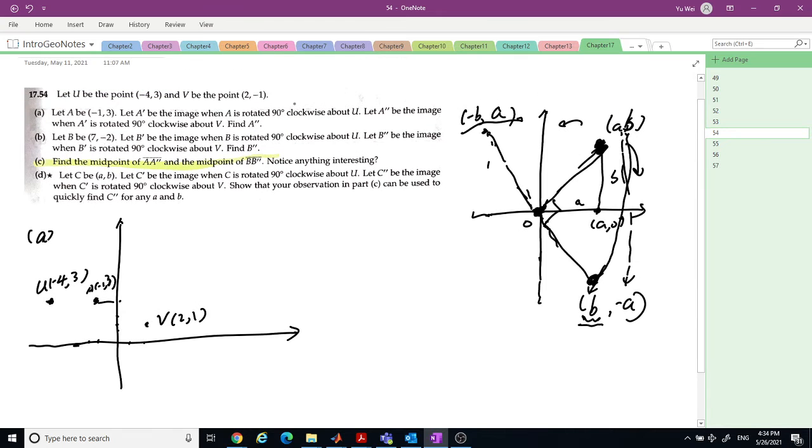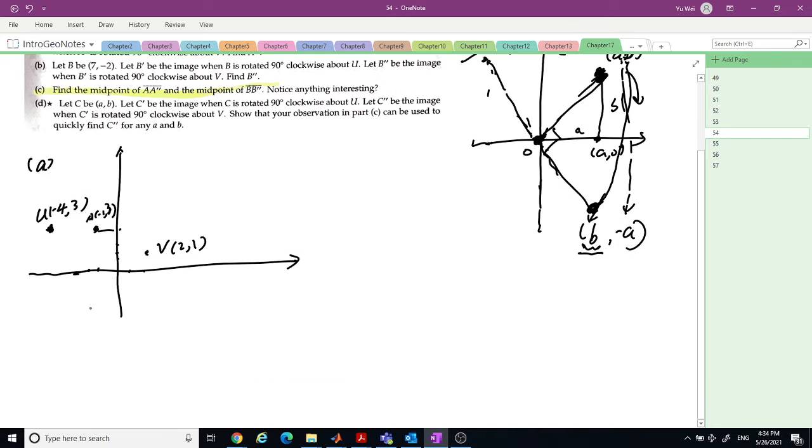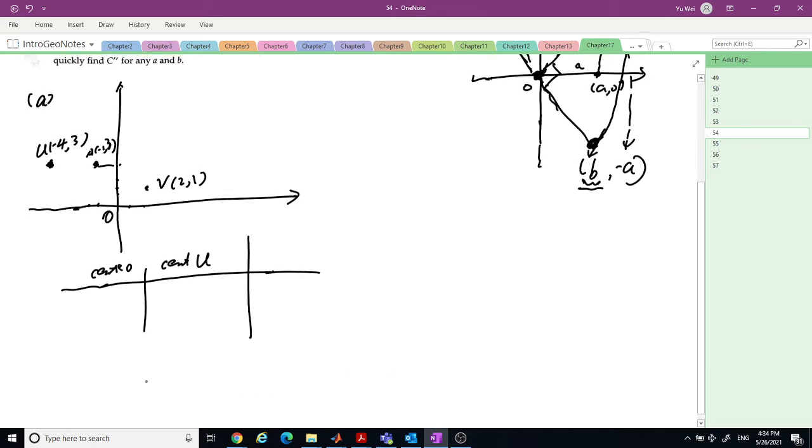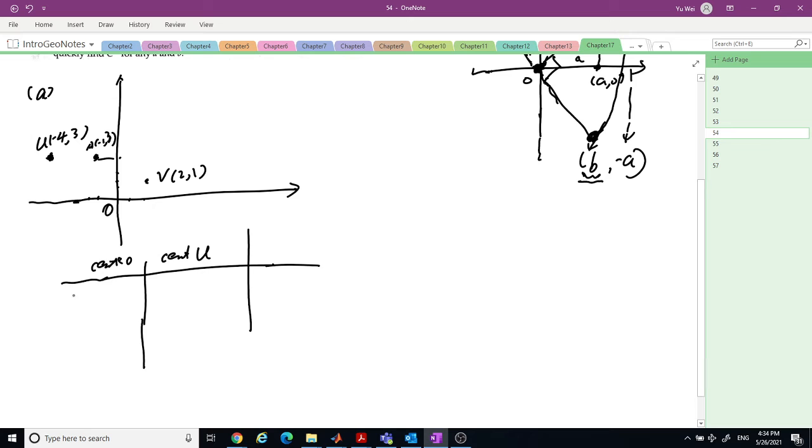Okay, so a is rotating clockwise about the u, right? You can see a is rotating to here, very simple. But let's do it by changing the coordinates. Here is the center of the O, and we convert into center of the u. The point A is negative 1 and 3.